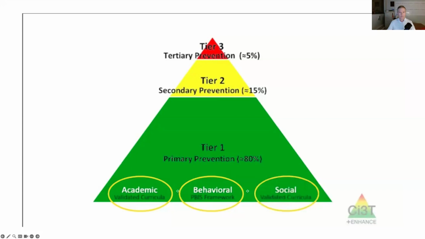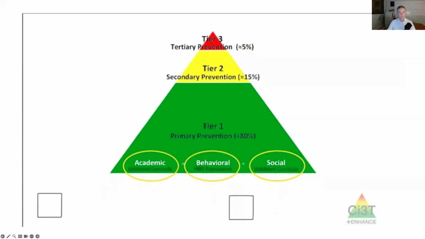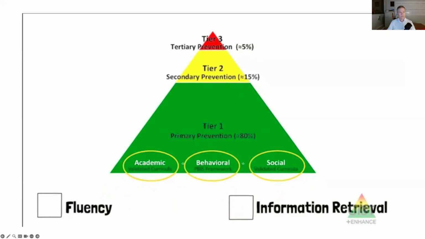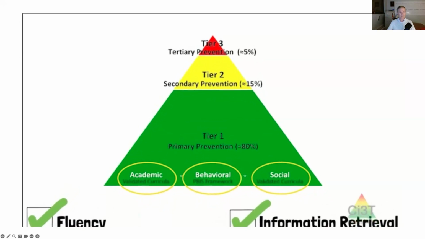Increased opportunities to respond is a very flexible strategy that is ideal with materials or concepts a student has a basic understanding of, with the goal of increasing fluency and information retrieval. Opportunities to respond help students review material, acquire skill fluency, commit information to memory, and increase on-task behavior.